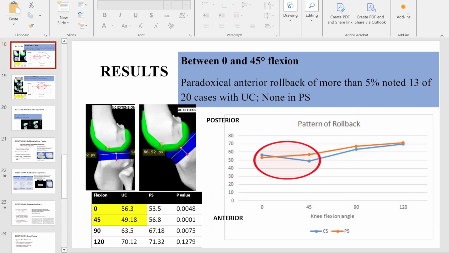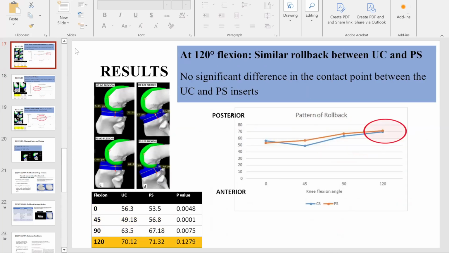Okay. So the first problem to solve is actually the paradoxical anterior translation. So I think the purpose of locating the contact point posteriorly is really to deal with the question of paradoxical anterior translation, not so much the fact that the engagement of the post and the cam happens.